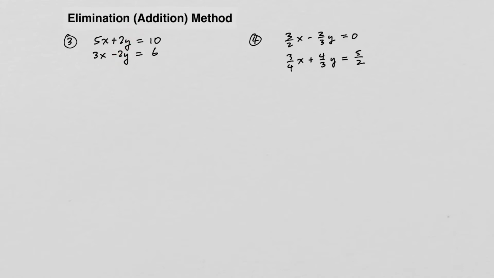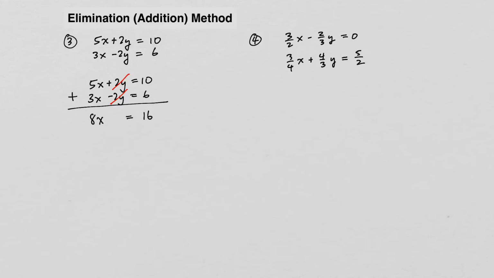So if we add these equations together, these will cancel out. They will get eliminated. So what we're going to do to use the elimination method is I'm going to take these two equations and we're going to add them together. And when doing so, these cancel. 5x plus 3x is 8x. 10 plus 6 is 16.